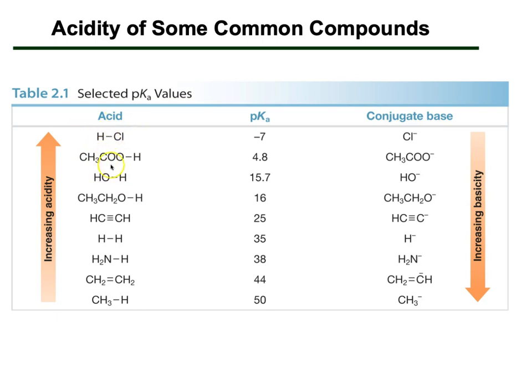Anything up here on the chart could protonate any conjugate base over here, and any conjugate base over here could deprotonate any of the acids up here. So basically, water could protonate anything, well, these two are about the same, but anything lower than it on the base side of the chart. And then the amide ion could be protonated by anything higher than ammonia on the acid side of the chart.